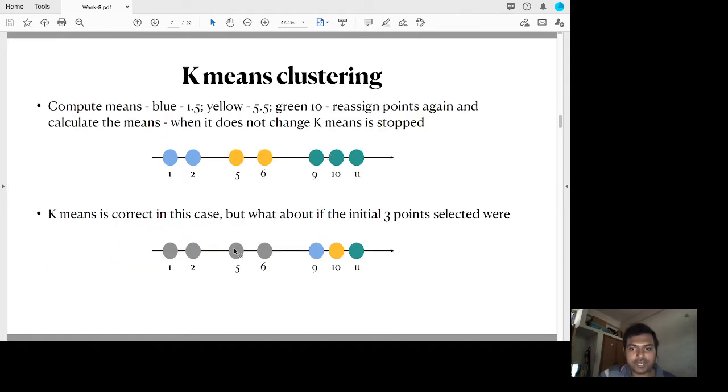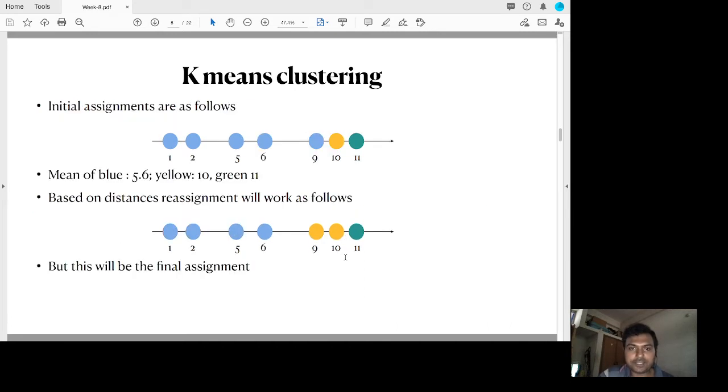If I take these 3 points as my initial points, then after the first iteration these will be the clusters that will be formed. All the first 5 points will now become blue, the second last point will be yellow, the last one will be green. If you sum them up now, the mean of blue will be 5.6, yellow will be 10 and green will be 11. Based on distances, reassignment will now work as follows.